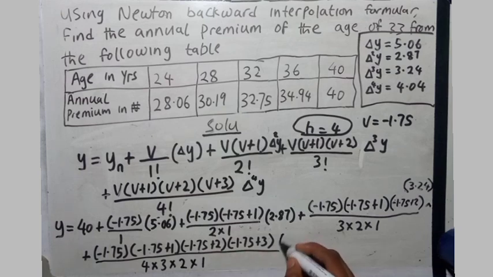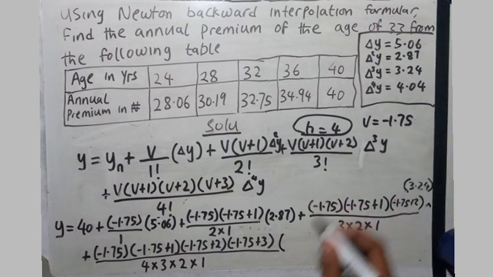Then we will multiply all of them by our fourth change in y, which is 4.04.